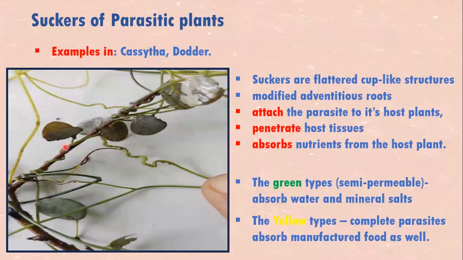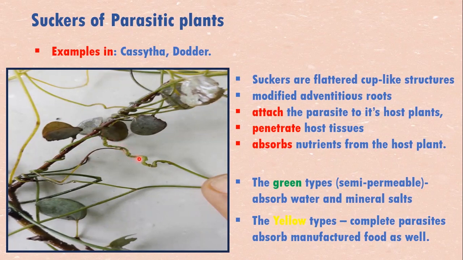They attach on the host and then penetrate into the host tissue and absorb water and mineral salts. And if it's a complete parasite, which is yellow, it will also absorb food substances from the host tissue. So these are parasitic plants with suckers.